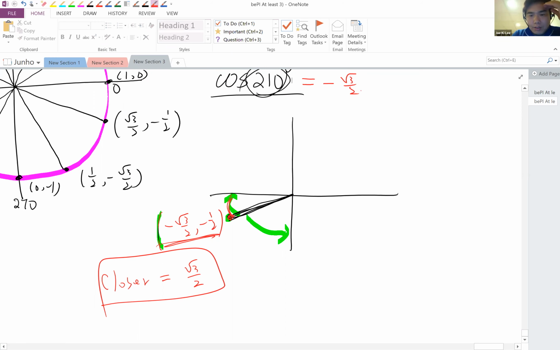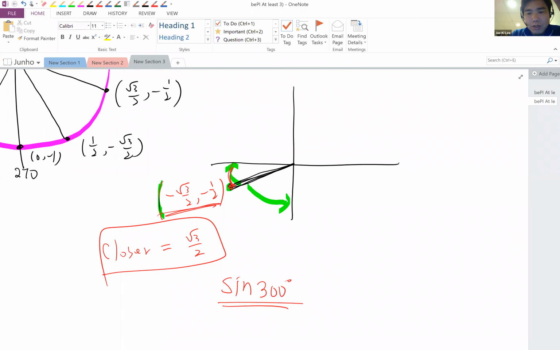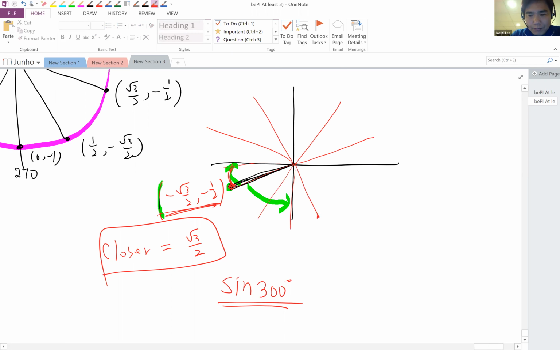Okay, then another one. If I give you maybe sine 300. So 300 means, if you don't know how to analyze it, you can go here: 30, 60, 90, 120, 150, 180, and 210, 240, 270, 300 right here.